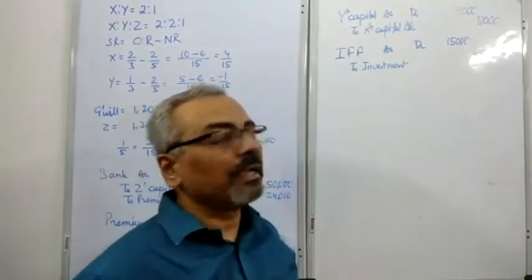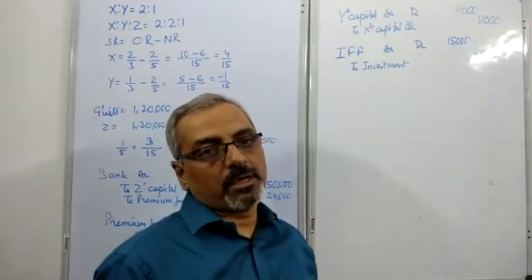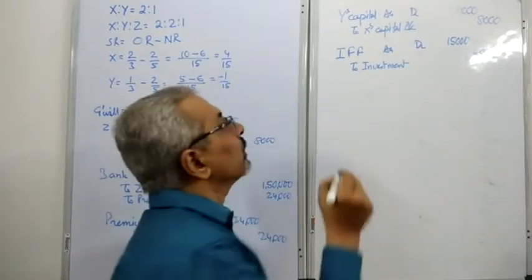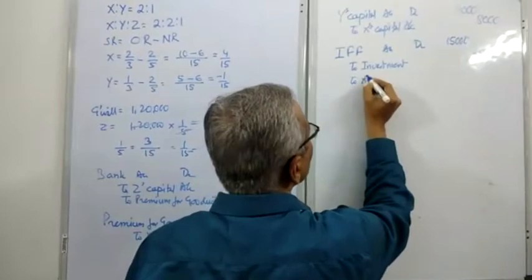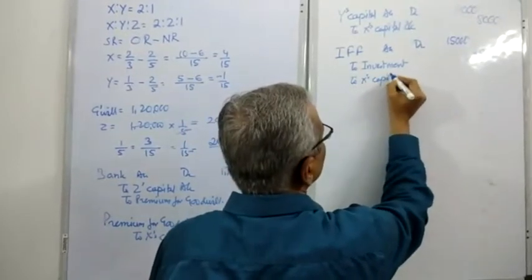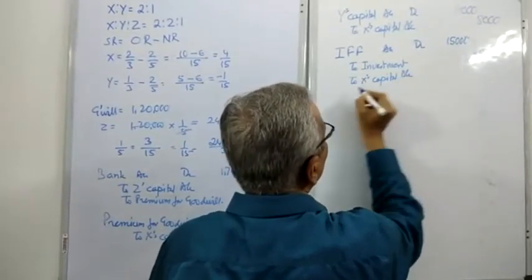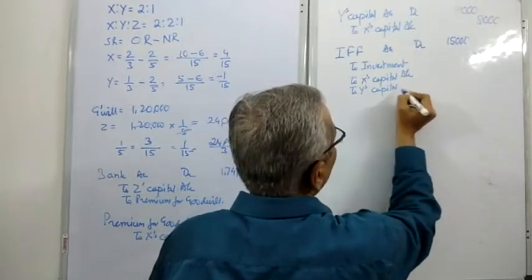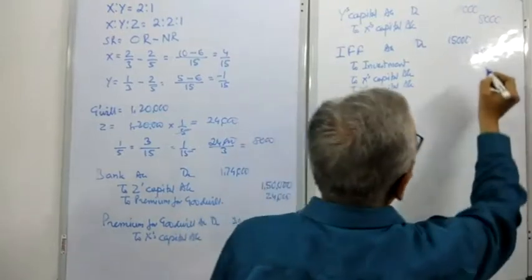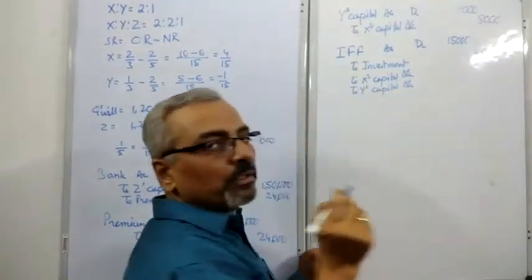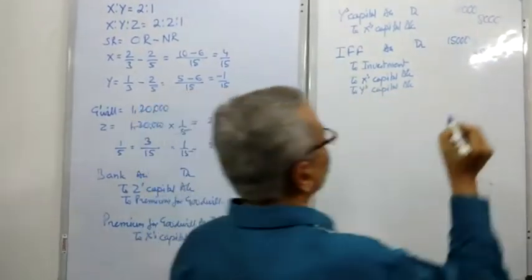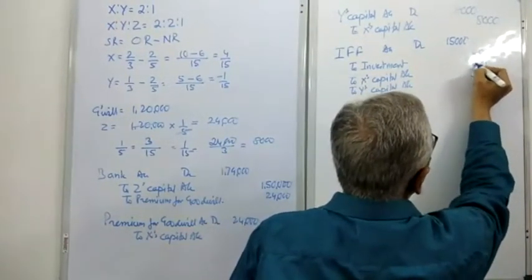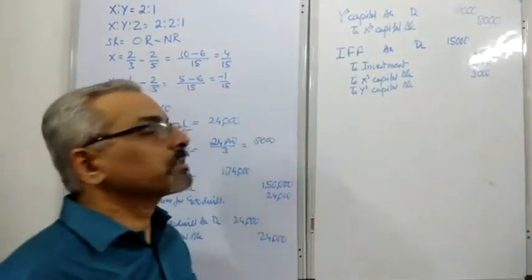Therefore, we have 9,000 left, and that will be written among old partners in their profit sharing ratio 2:1. So therefore, we'll have to X's capital account and to Y's capital account. See very carefully over here, 9,000 in the ratio of 2:1. Therefore, 6,000 to X and 3,000 to Y. This is how this journal entry will be done.